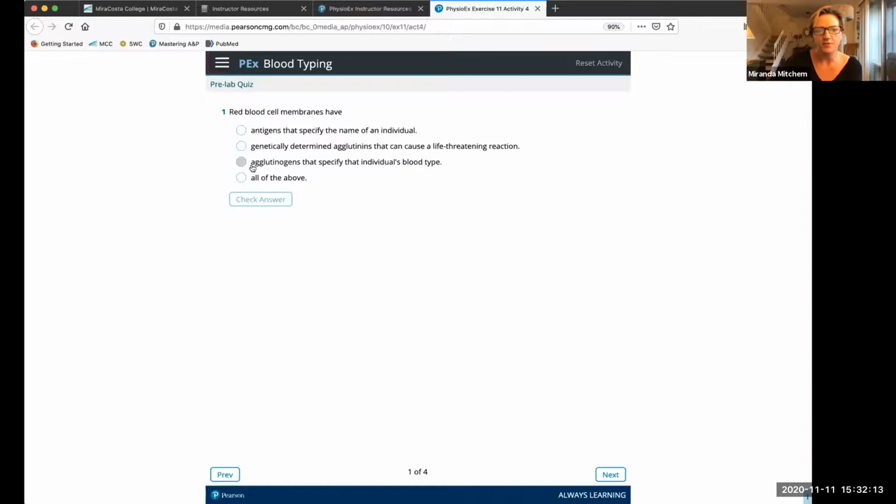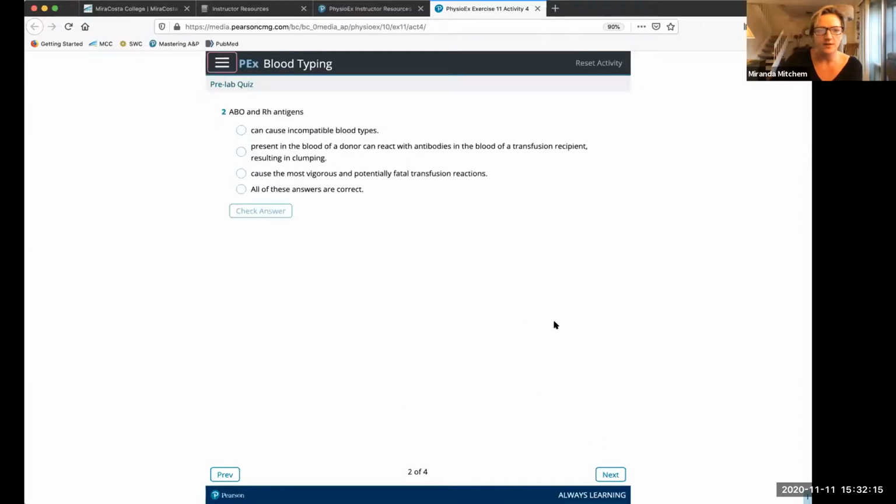There you go. That's the answer. The ABO and Rh antigens can cause incompatible blood types. Present in the blood of a donor can react with antibodies in the blood of a transfusion recipient, resulting in clumping. Cause the most vigorous and potentially, this is all of these.